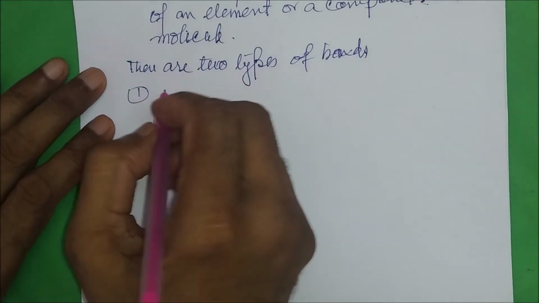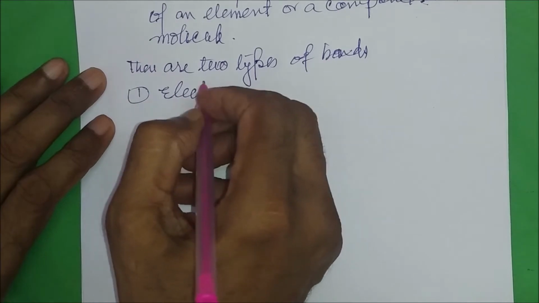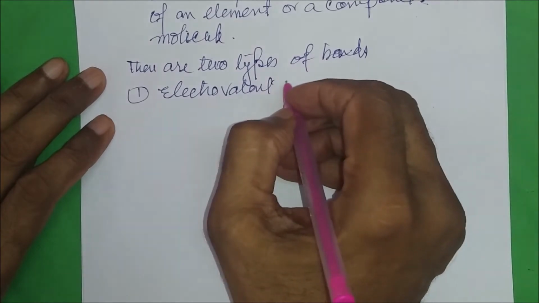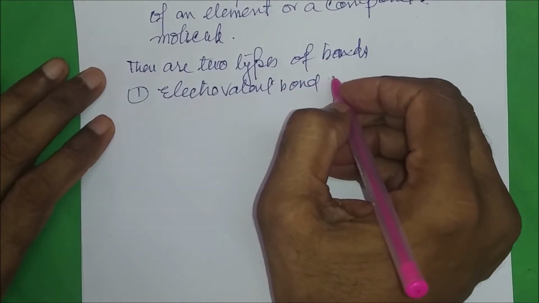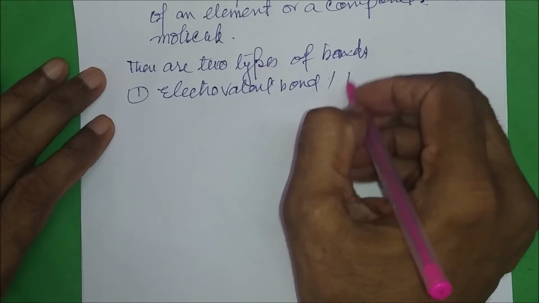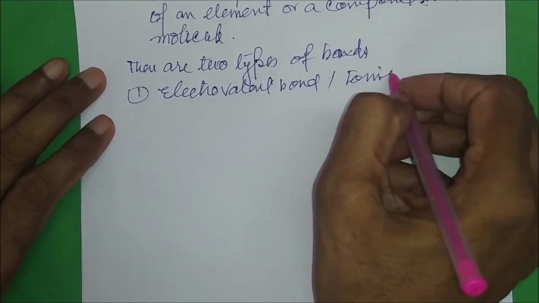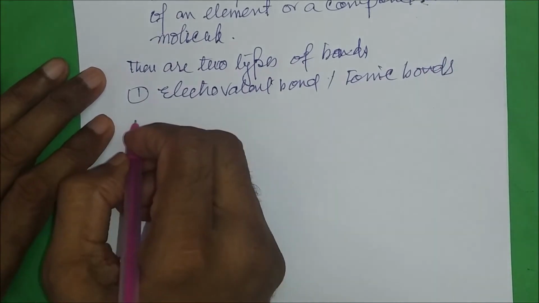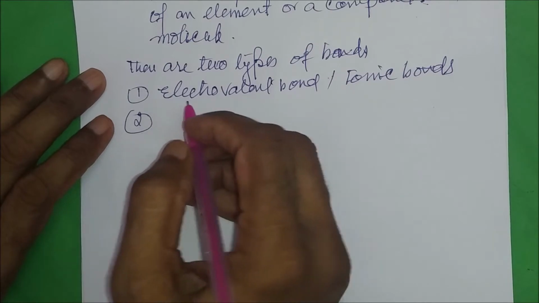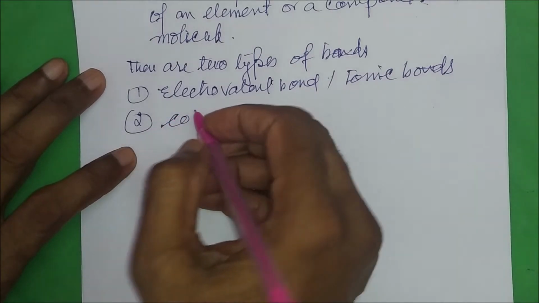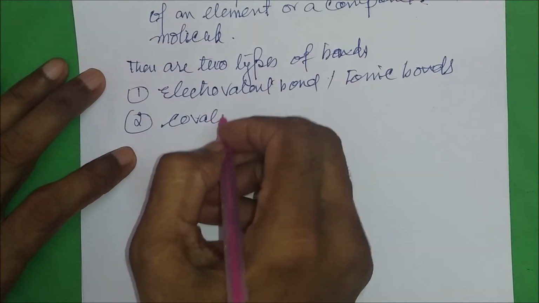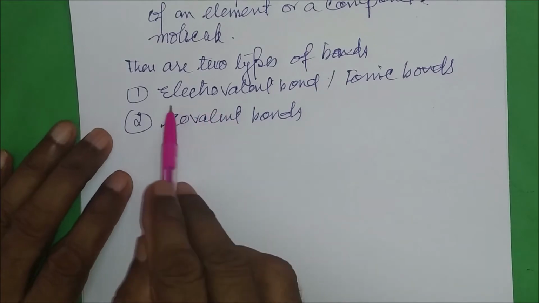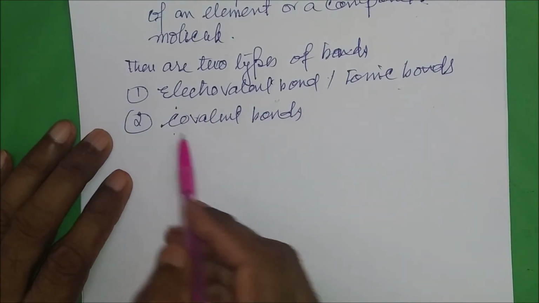One is the electrovalent bond, which sometimes we also call the ionic bond. And number two is the covalent bond. Is it clear? There are two types: electrovalent or ionic bond, and covalent bond.